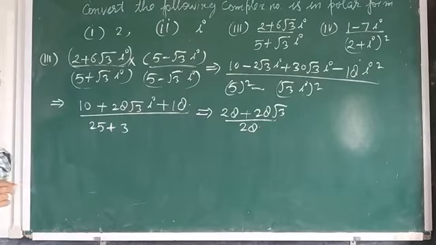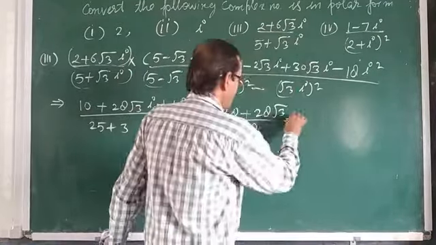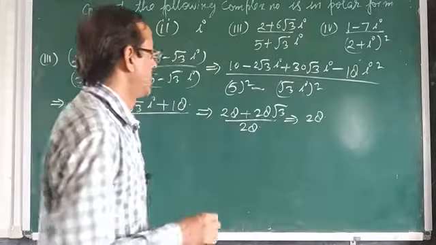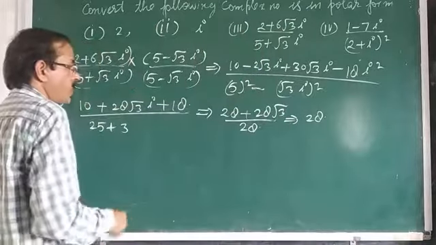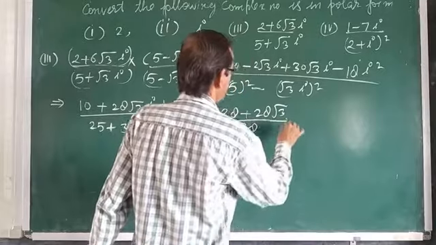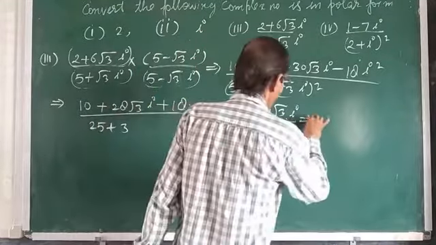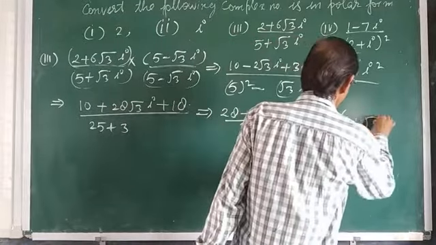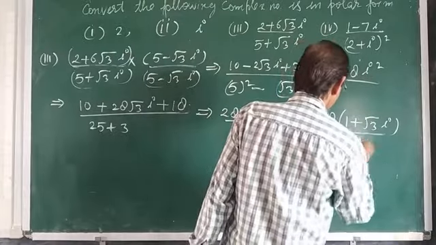I think that up to here there is no doubt. What will be common here? 28. One thing, I left iota here to write: 28 root 3 iota. 28 can be taken common. So that will be 1 plus root 3 iota upon 28.